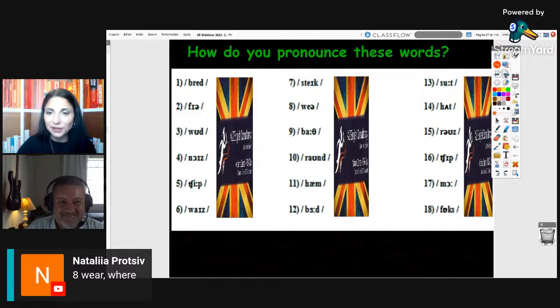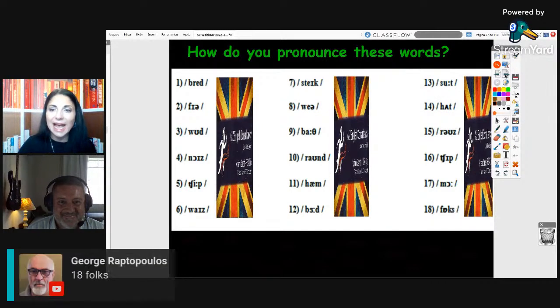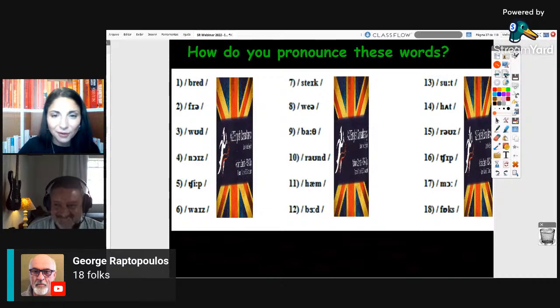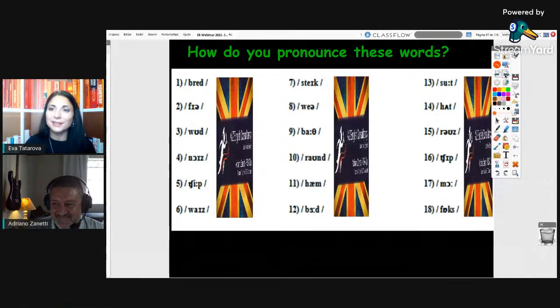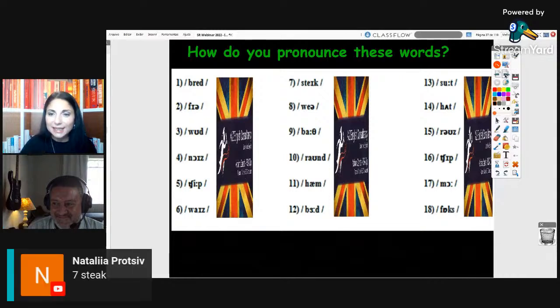Yeah, 15, rows. 18, fox. Fox, like fox, because George typed F-O-L-K-S, but fox. Not folks, fox, the animal. A fox. Okay, so this is another word. Yeah, steak for number 7. Mm-hmm.